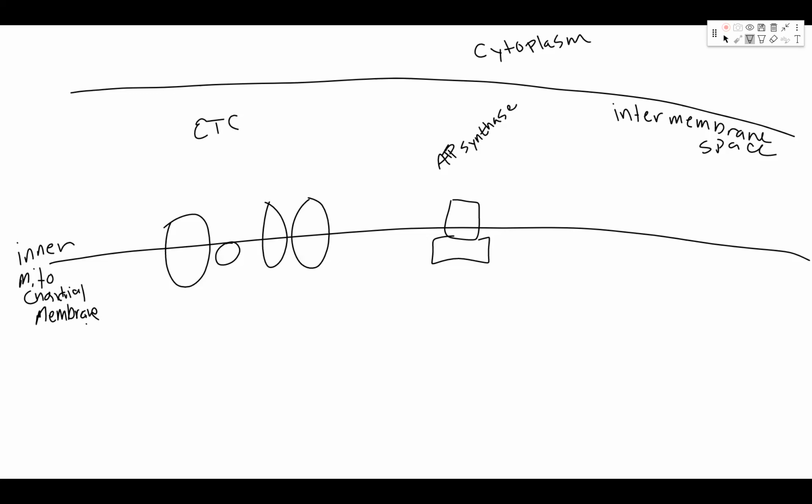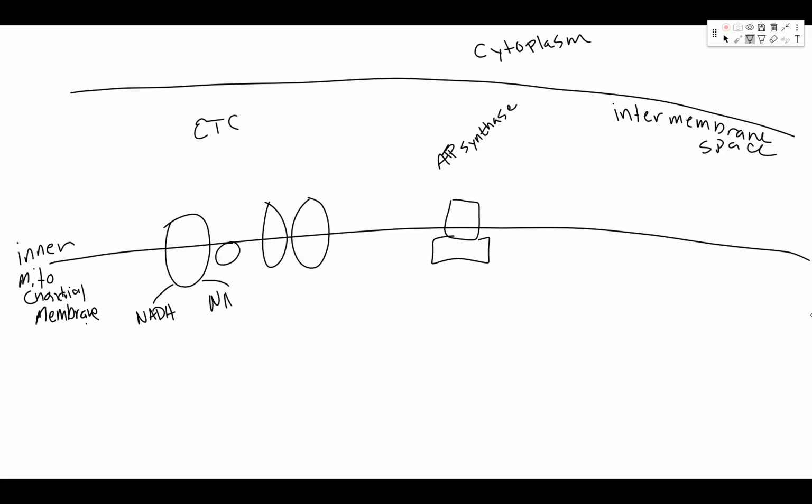So what's going to happen is we are going to harness the use of these electron carriers to pump out hydrogen ions. So if we have an NADH, it's going to be passed from electron carrier to electron carrier, right?